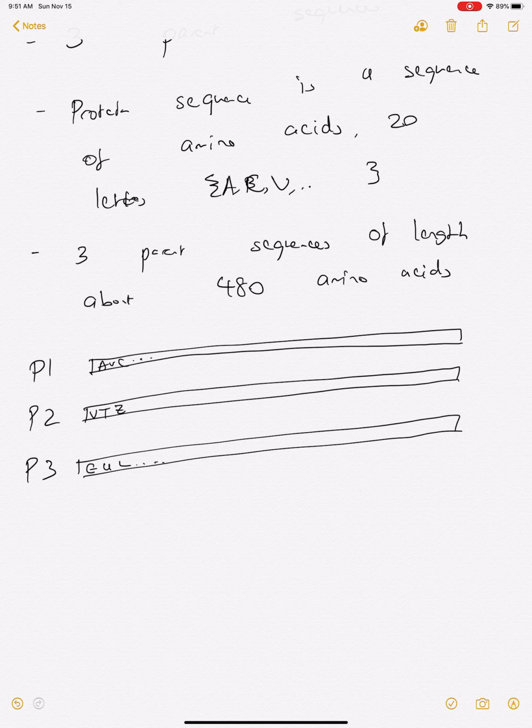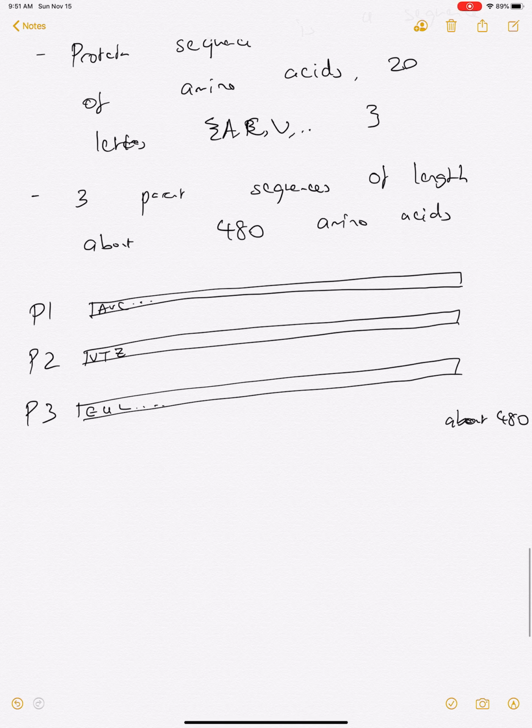Again, these letters just come from the genetic code, and the total length is about 480. I think the exact number is about 490 odd, but that's not super important. And so 1, 2, 3 correspond to each parent, and then the question is, why is the length 8?